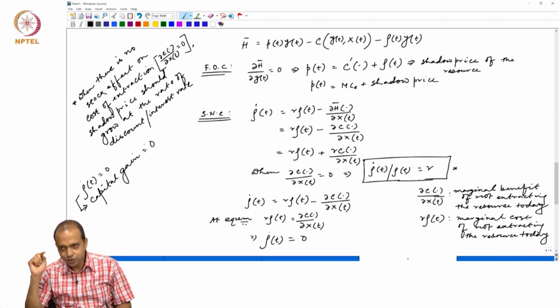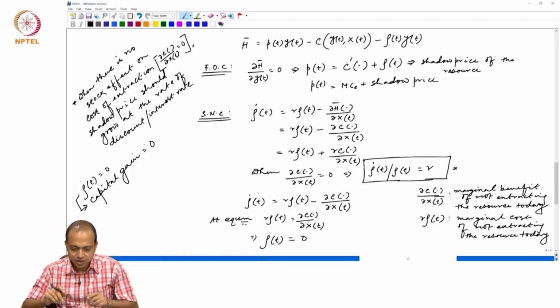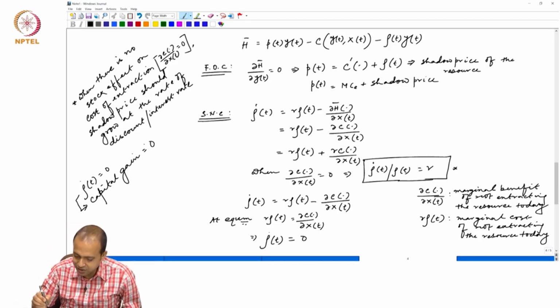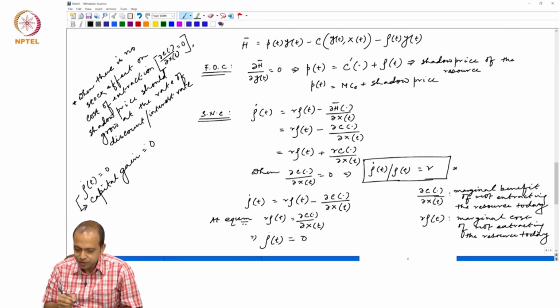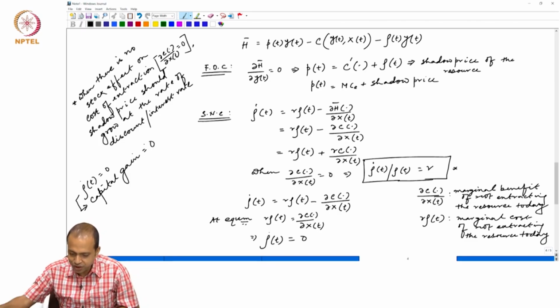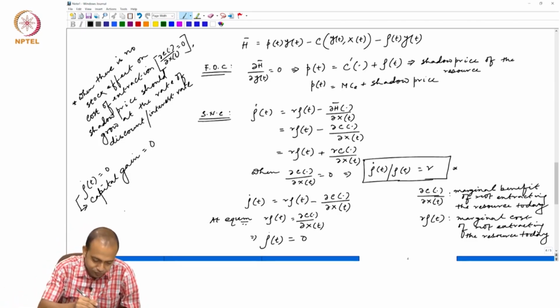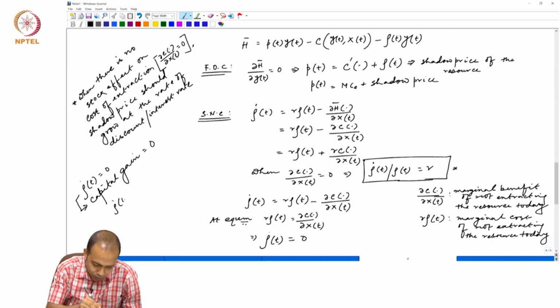So, from this equation, rho dot t equals r into rho t minus del c dot del x t.